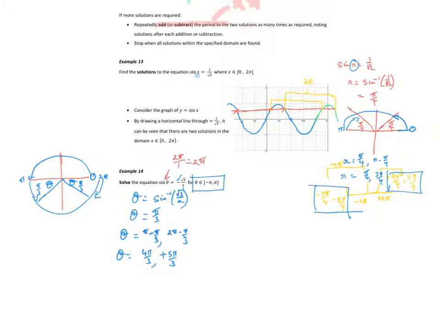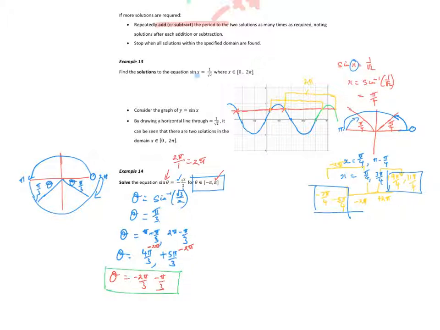So I subtract 2 pi from that answer and subtract 2 pi from that answer. So my theta is equal to 4 on 3 minus 6 on 3, which is negative 2 pi on 3, and 5 on 3 minus 6 on 3, which is minus pi on 3. So those two answers are within that domain, so they're my solutions.